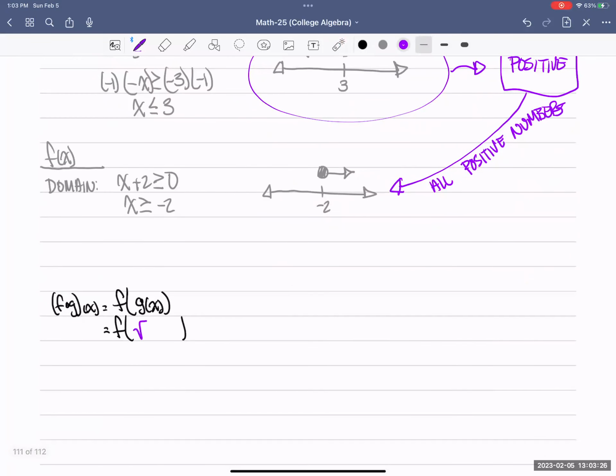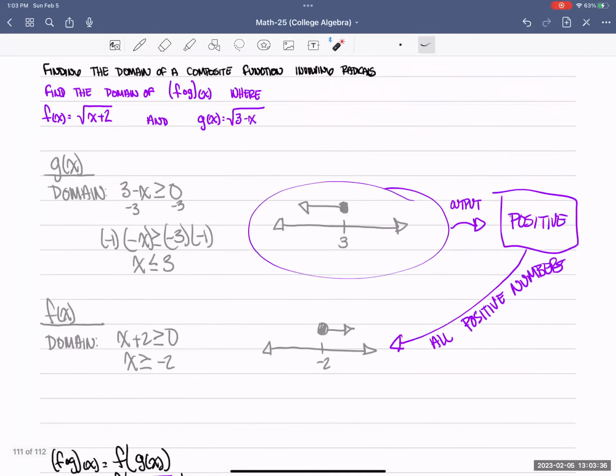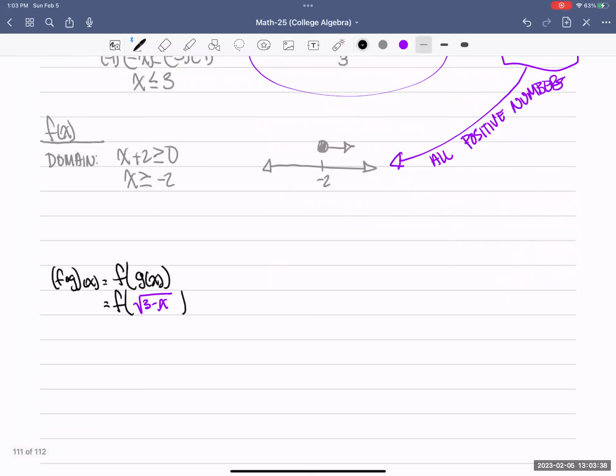And now our function f of x is the square root of our input plus 2. And our input here is the square root of 3 minus x.